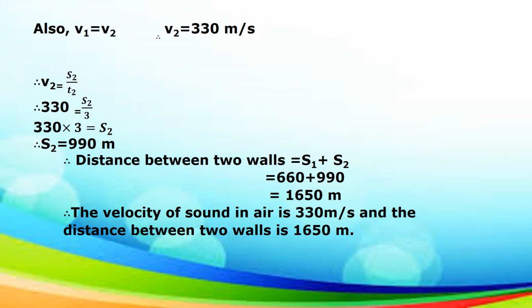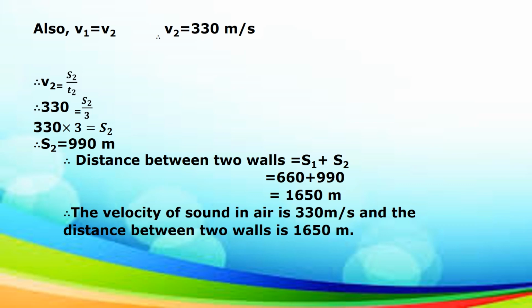Now we have to calculate distance between two walls. Now here velocity of sound in air we got, that is 330 meter per second. So this initial velocity of sound in air is equal to final velocity of the sound in air, which is same only. So V1 is equal to V2. So therefore V2 we got here 330 meter per second.